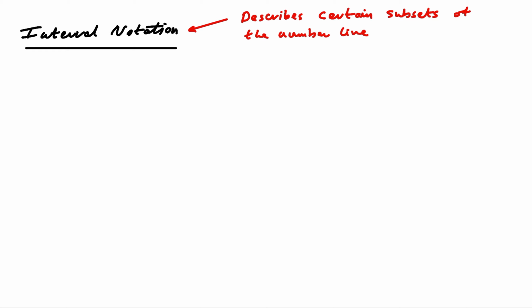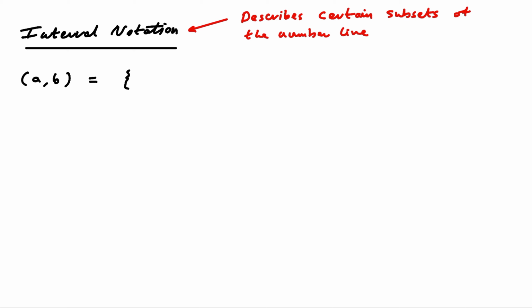So when I write down the following, when I write down open parentheses, a comma b, where a and b are numbers. Now when I'm thinking about intervals, this actually will be a little bit confusing. Later on when we're talking about coordinates, this will mean something else, but you need to understand kind of what world you're living in. If we're talking about intervals, this notation means the following.